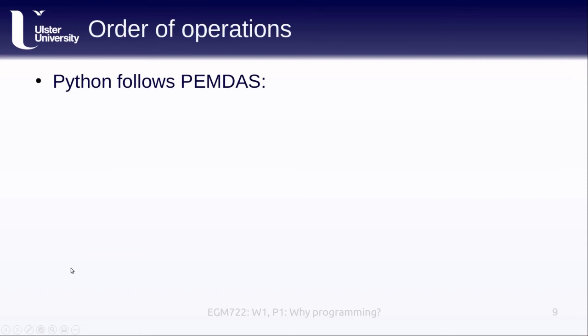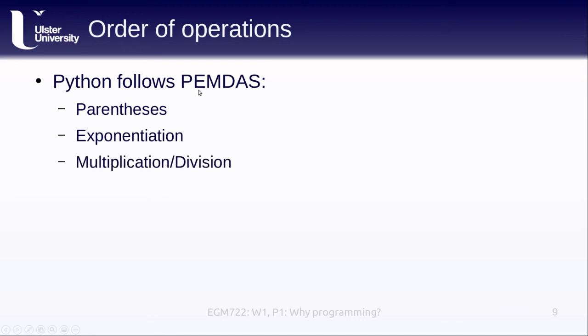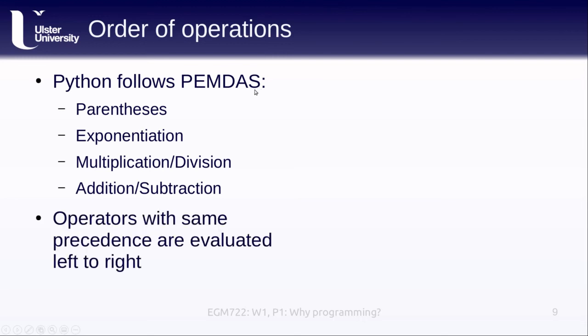So Python follows the order of operations, and specifically PEMDAS, which stands for parentheses. So anything in parentheses is executed first, followed by exponents, followed by multiplication and division, followed by addition and subtraction.